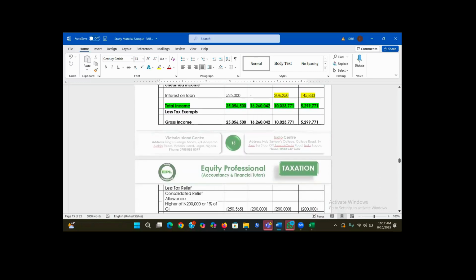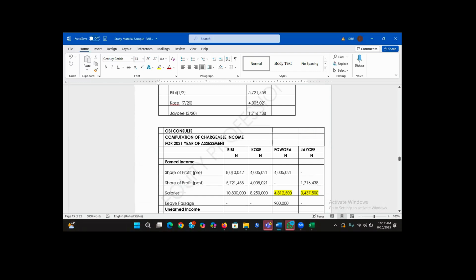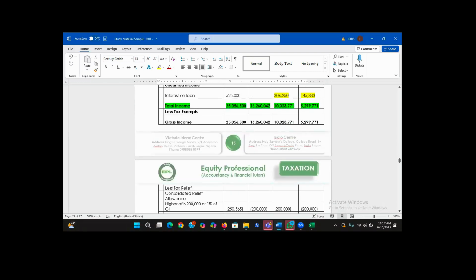The total income for Kose is 16,260,047. While the total income for Fora is 10,023,771.